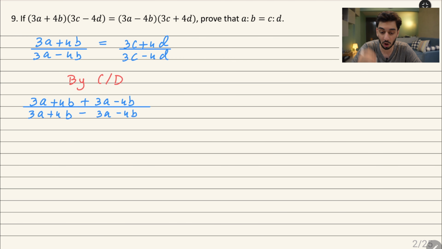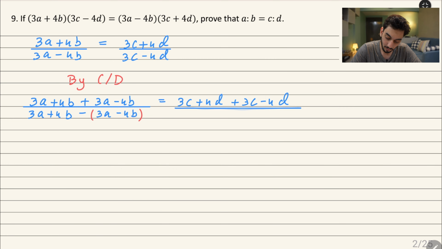Now obviously this is wrong because since there is a minus sign over here, I need to put up a bracket. This bracket is super important. Same thing happens on the right hand side. So (3c + 4d) + (3c - 4d), the whole thing upon (3c + 4d) minus, and then obviously I'll put up a bracket and it would be (3c - 4d).